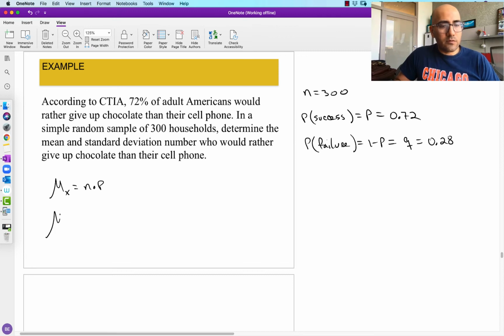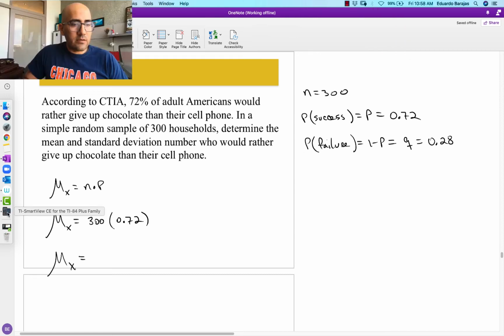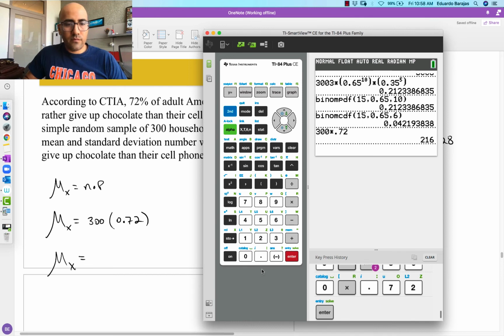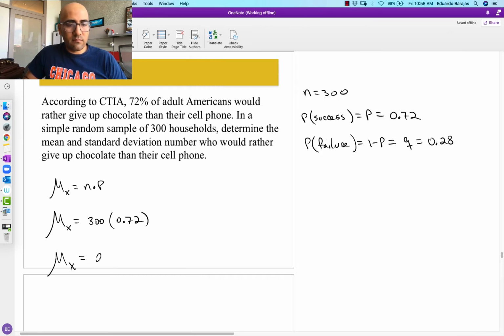Really simple. So the mean is equal to 300 times the probability of success, which is 0.72. Good. So about 216.